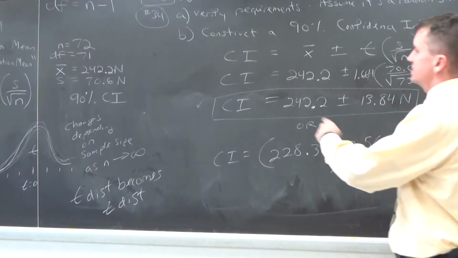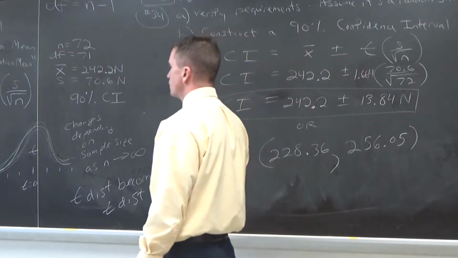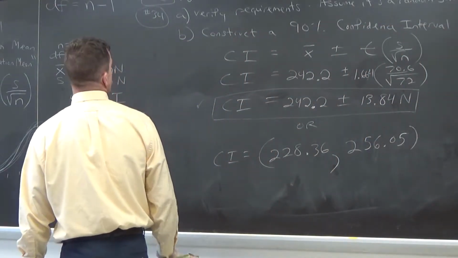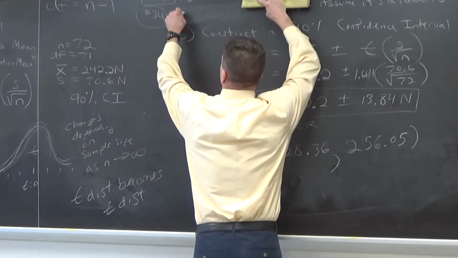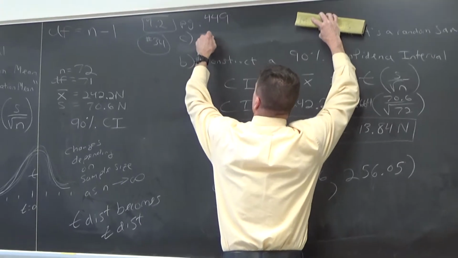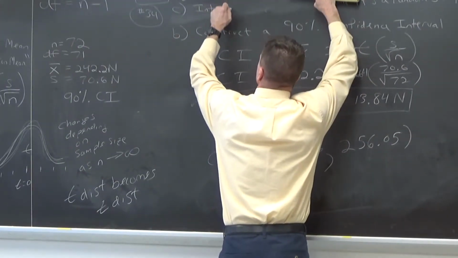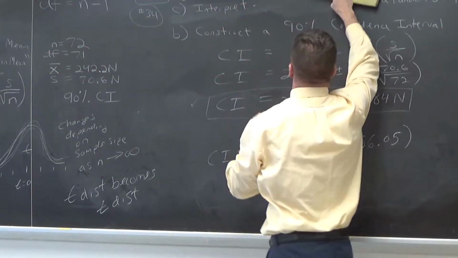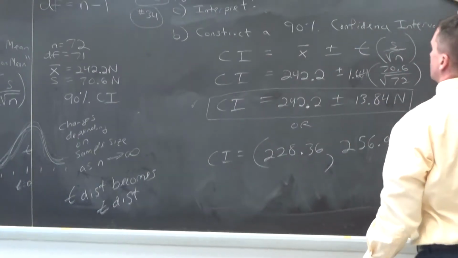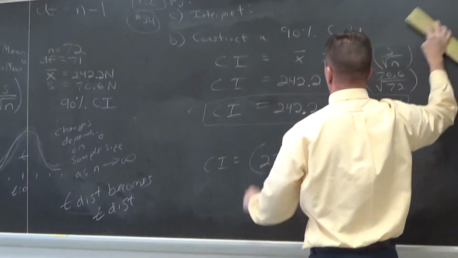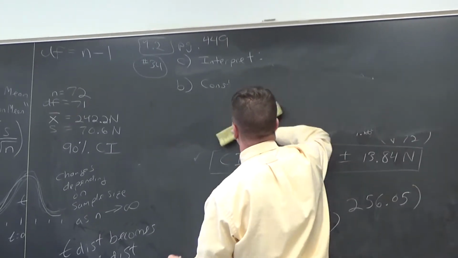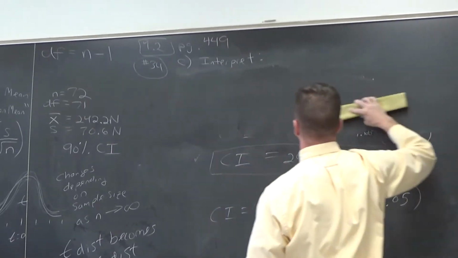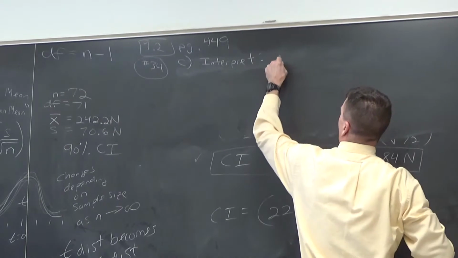So now, that's A, that's B. I'm going to erase this. Letter C. Everyone can interpret this in your own words. I'll leave this up here, by the way. Can you interpret this in your own words? So with 90% confidence. Oh, I'm going to write that.